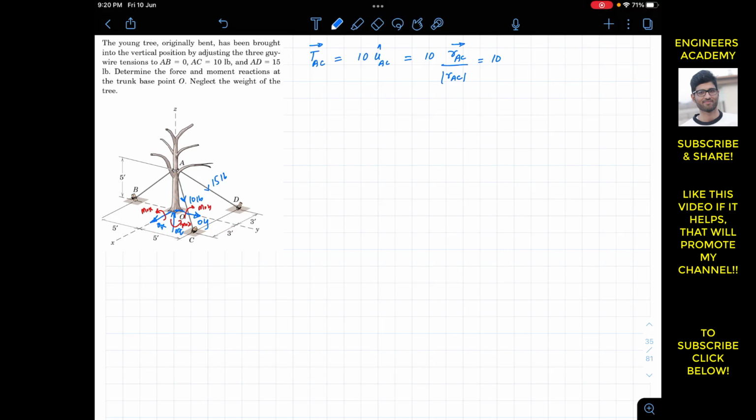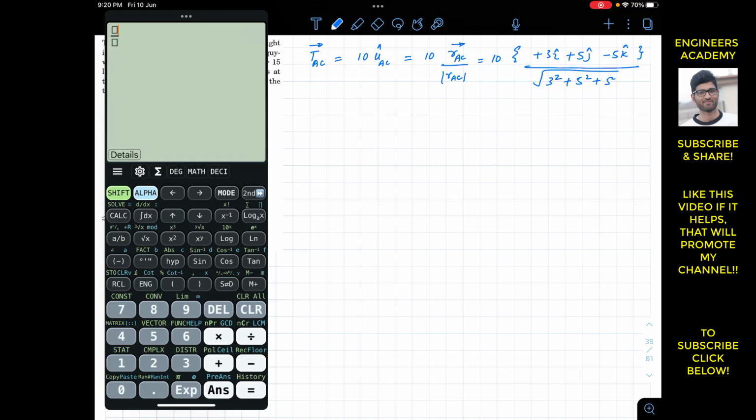So we will have the position vector: minus 5k, since in the negative k we travel 5 feet, then plus 5j, as we travel 5 feet in the positive j, and then plus 3i, as we travel 3 feet in the positive X. This is the position vector from A to C, and its magnitude is the square root of 3 squared plus 5 squared plus 5 squared.